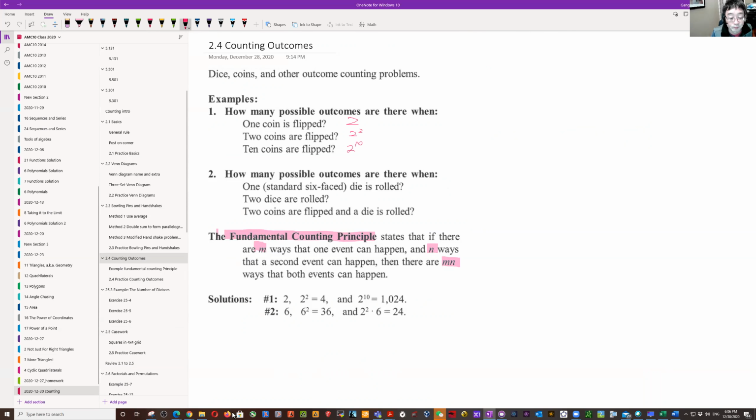So that's getting large fairly quickly. How many possible outcomes are there when one standard die is rolled? 6. When 2 dice are rolled, 6 squared. If 2 coins are flipped and a die is rolled, 2 coins flipped is 2 squared, multiplied by a die roll of 6, so that is 24. Actually, it is 36 when computed correctly.